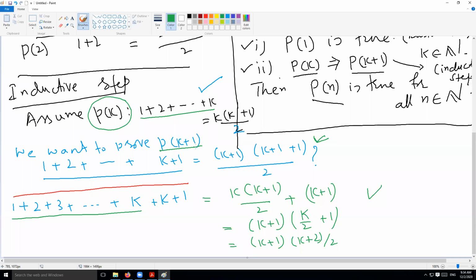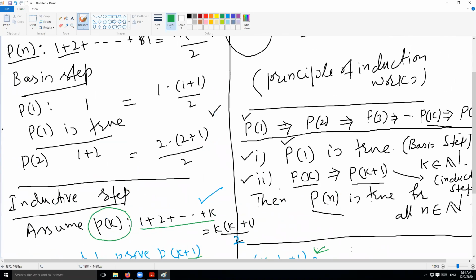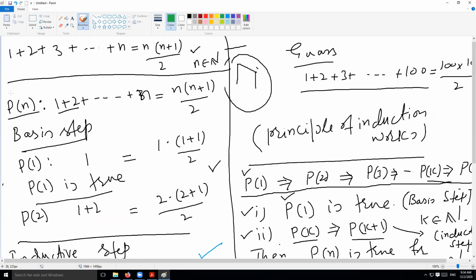So both conditions of the principle of induction are true, and we can safely conclude that P of n is true for all natural numbers. P of n is this statement, so this statement is true for all natural numbers.